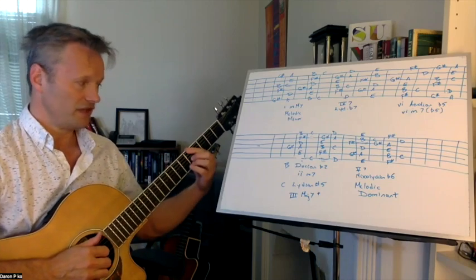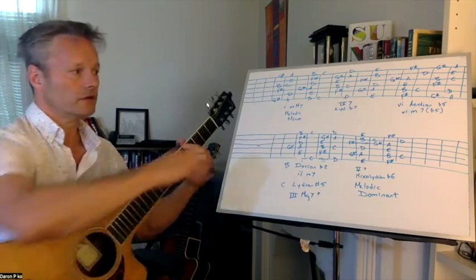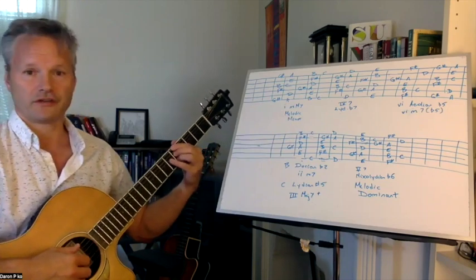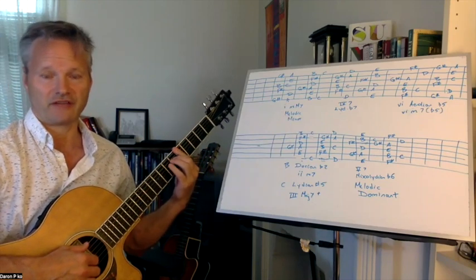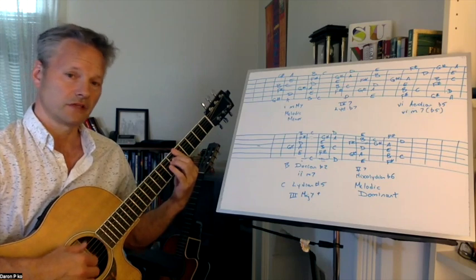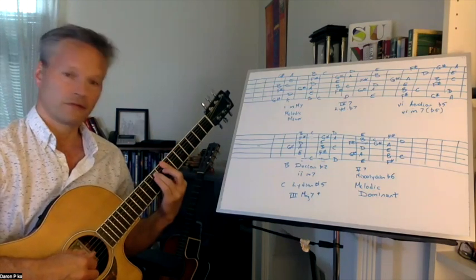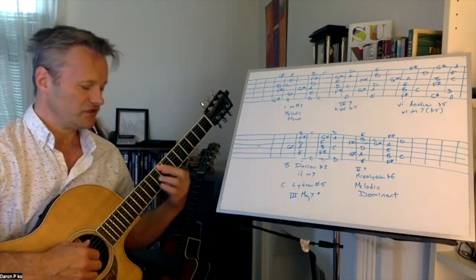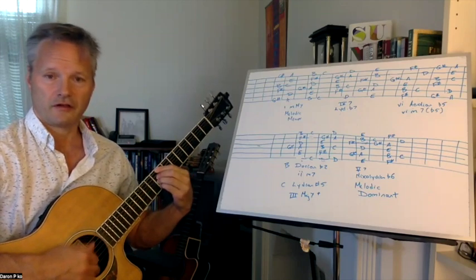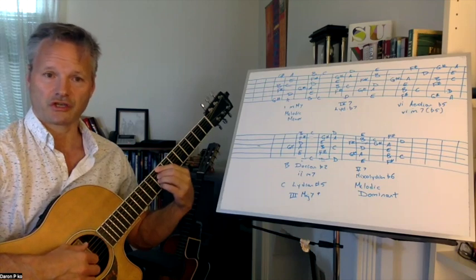So our chords then could be, I've written the chord names out here too. We've got an A minor, or A minor with a major 7 in it. B is just minor, or with a flat 9 in it. The C is a major 7 with a sharp 5.